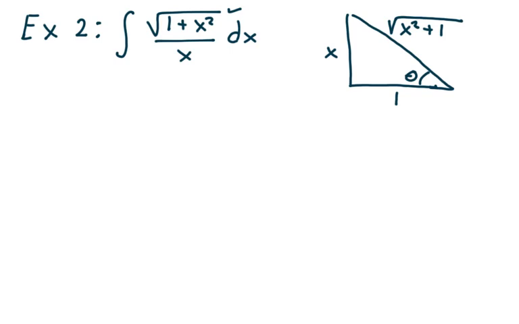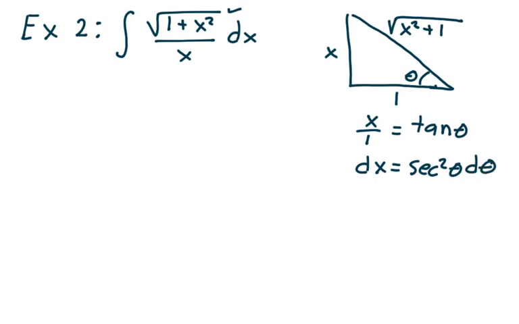Now, x over 1 is tangent theta. So dx is secant squared theta d theta. And the square root of x squared plus 1 over 1 is secant theta. So notice it's all substitution all the time. I want to transform everything in terms of x.